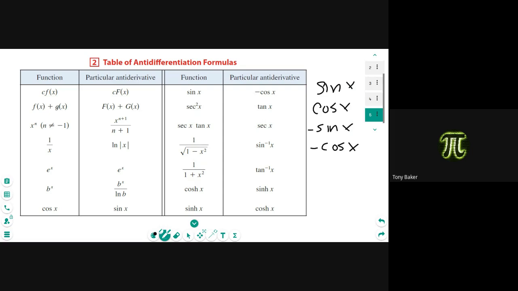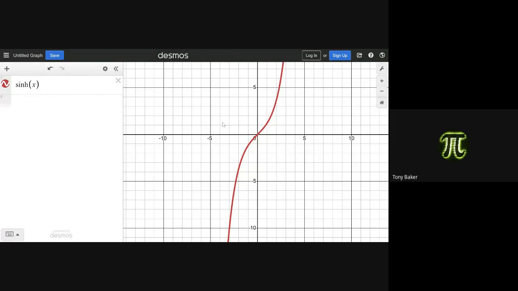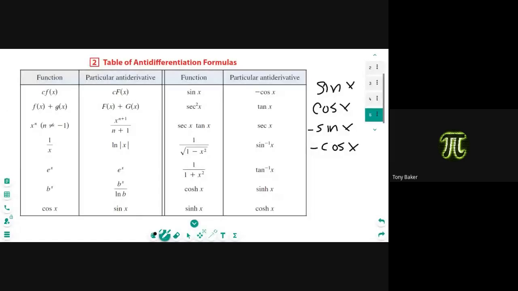Hold on. Let me see if I can show you a picture of it. It's not going to make much sense, but that's the hyperbolic sine. It looks like a third degree function. It's not a typical trig function. So that's why I said it's not something that comes up often. This book likes to throw it on there.